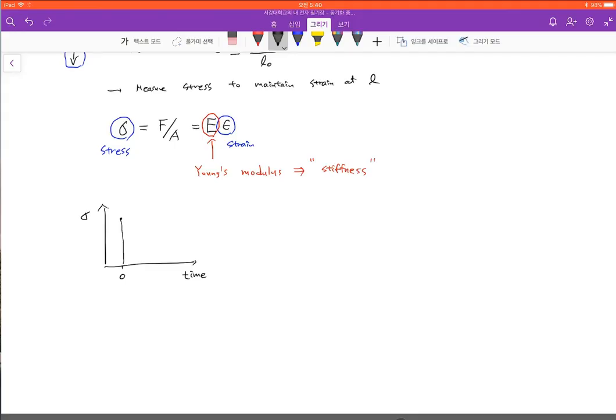And let's say that you remove that strain. What will happen? If the sample is totally elastic, such as a rubber band, if you remove the strain, it totally recovers, right?